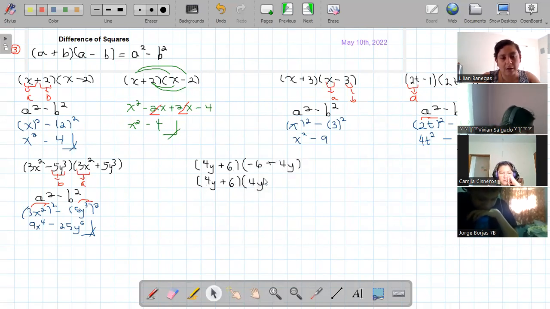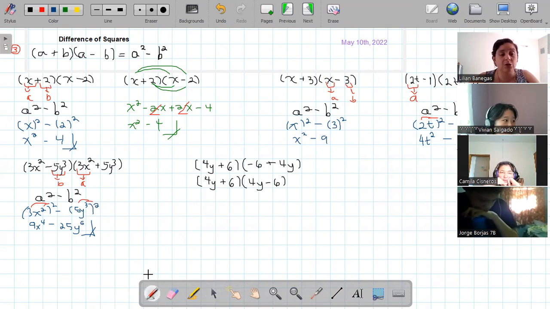It's invisible now. And then I got the negative 6, which I do need to place the sign, okay? And now we got 4y plus 6 times 4y minus 6. They are exactly the same monomials, but one is adding and one is subtracting.